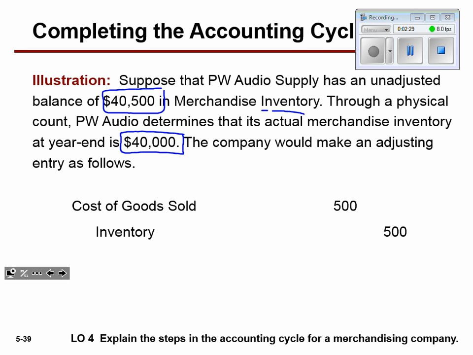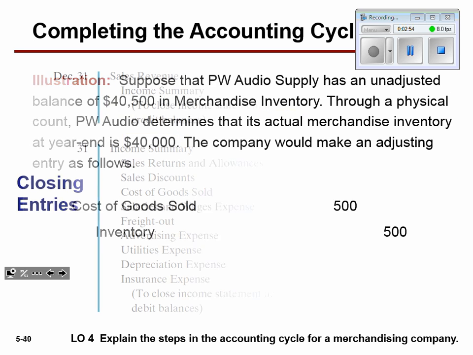So you would see inventory go down and cost of goods sold go up because there's really a difference of $500 more at the beginning. Now, had we had more than what we started with, that would all be flipped. So that's the basic premise of the adjusting entry. Do you see why we aren't going to do much with that? Just wanted to talk about it.